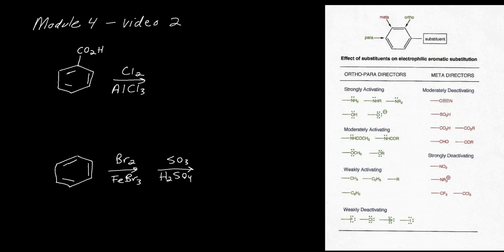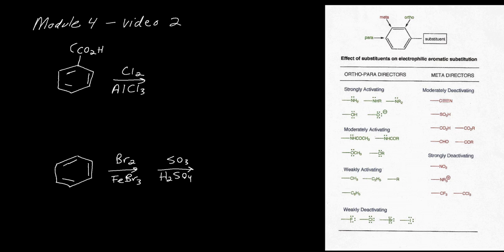All right, this is the second video for electrophilic aromatic substitution, intended just as a quick practical guide for what we've already covered pretty much in depth. I've got the chart over here on the right, and let's say we start with a derivatized benzene, in this case a carboxylic acid.